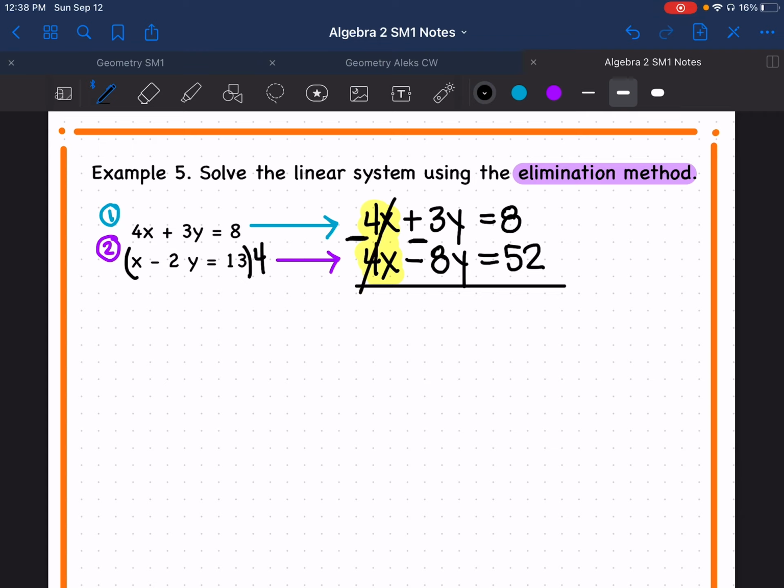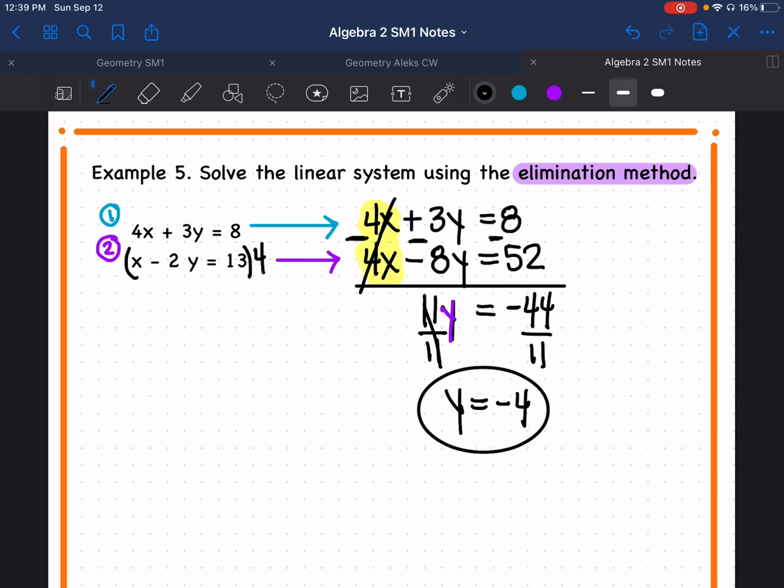Let's go and subtract here as well. 3 minus a negative 8 becomes 11y because that minus a minus becomes a plus. And 8 minus 52 is negative 44. To solve for our y, we're going to go ahead and divide by 11, giving us an answer of negative 4.